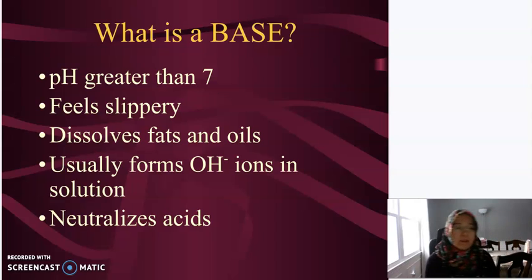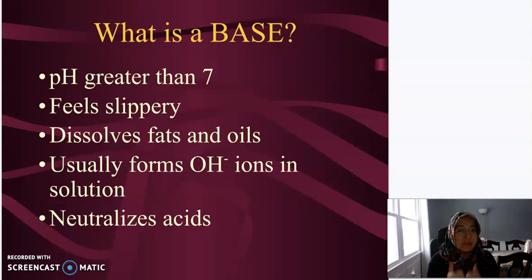If something is a base, like soap, cleaning supplies, baking soda, or antacids for your stomach, it has a pH greater than 7. pH 7 is neutral. Bases feel slippery, like the soap when you wash your hands.